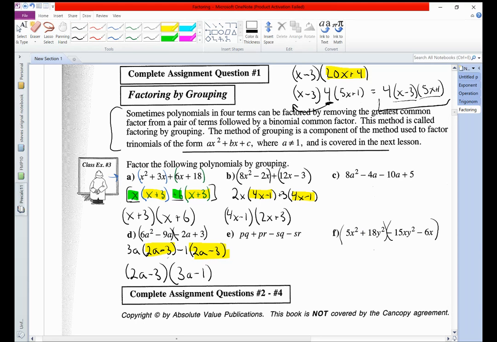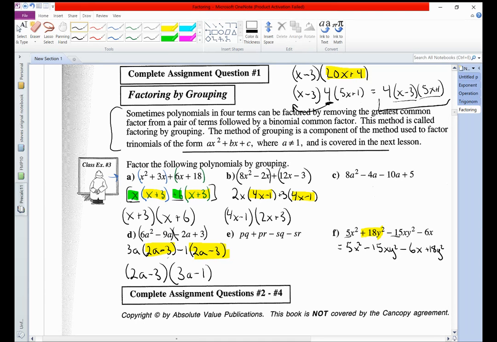For example, if I'm going to move this plus 18y squared, that positive sign has to go with the 18. So I'm going to erase my brackets and rewrite this in a nicer way. 5x squared, and maybe I noticed that 5 and 15 are nice ones to go together. So 5x squared minus 15xy squared, and then negative 6x plus 18y squared.